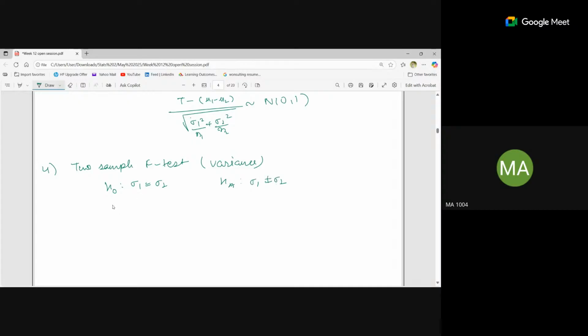Now here my test statistic T would be Sx square divided by Sy square. And I would be rejecting if my T is greater than 1 plus CR, or if my T is less than 1 minus CL. Now you got the point? Is it fine a little bit? Yes, ma'am. Okay, let's solve one question.